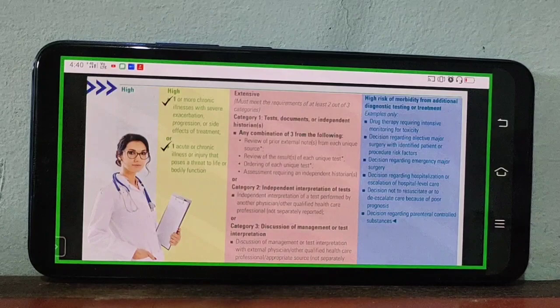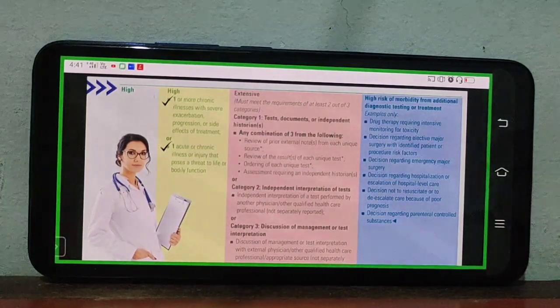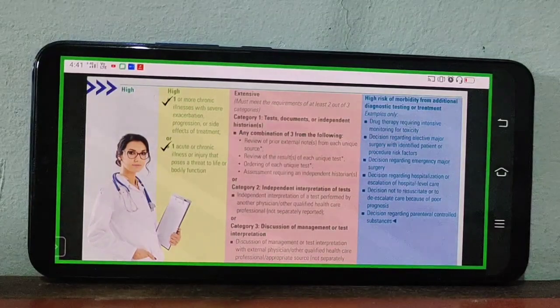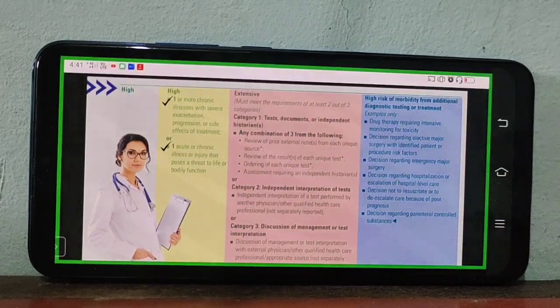Am I right? The patient is an orphan. So in that case, the doctor discusses the disease condition and the risk factors of surgery with the patient only. So that will get 1 point. Discussing major surgery with the patient.